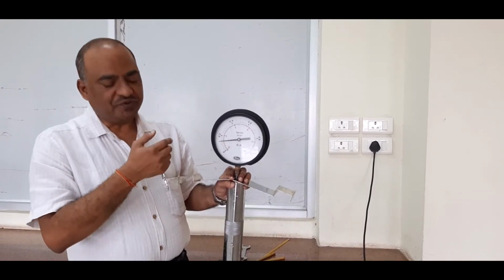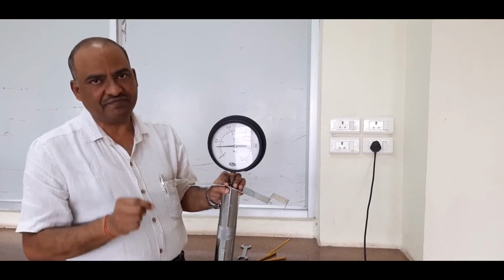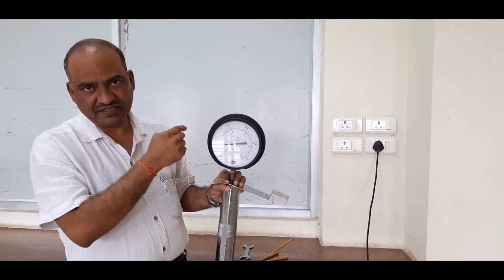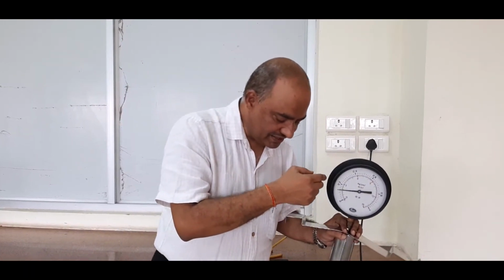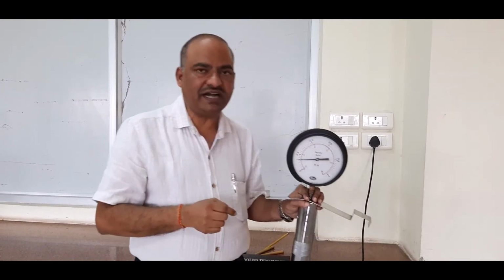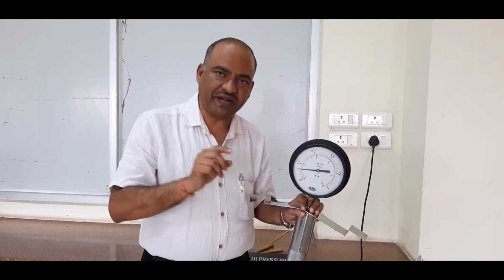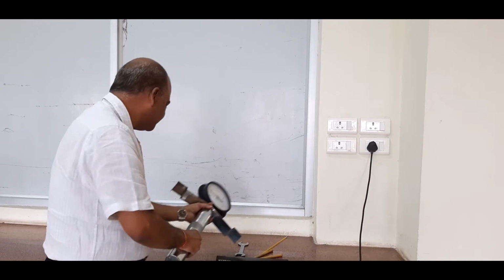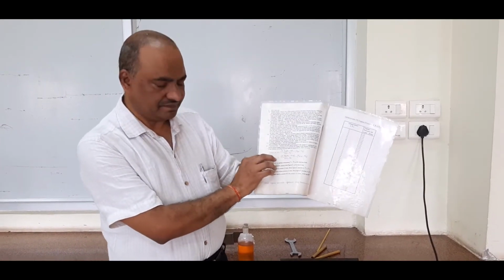But you have to do this shaking and taking observation at least 5 times, and that stable, constant pressure will be recorded as observed Reid vapor pressure. Then there is a formula, this one.